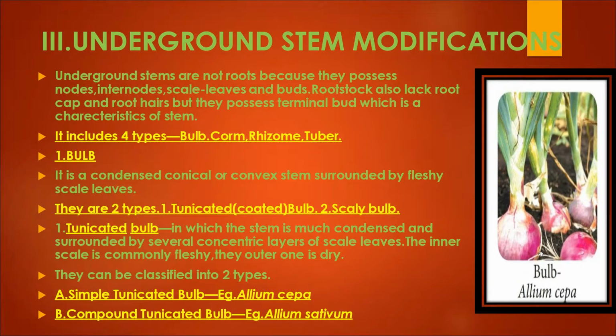In tunicated bulb, the stem is much condensed and surrounded by several concentric layers of scale leaves. The inner leaves are commonly fleshy compared to the outer ones. The outer scale leaves are dry. They can be classified into two: simple tunicated bulb as in the case of Allium cepa or onion, and compound tunicated bulb, example Allium sativum, that is garlic.